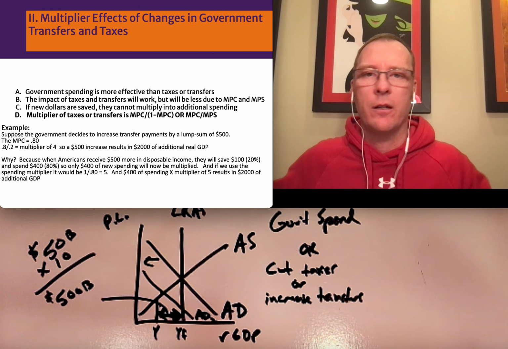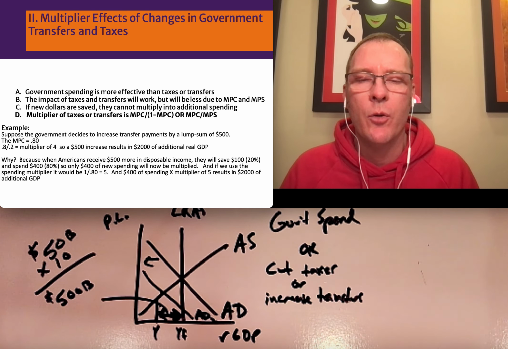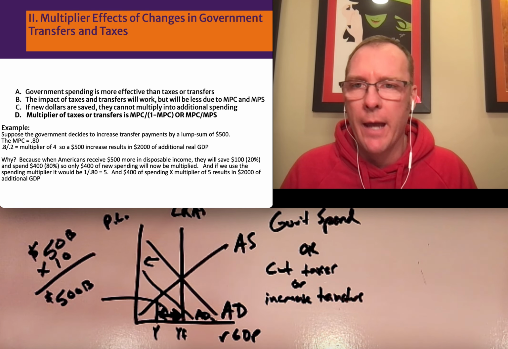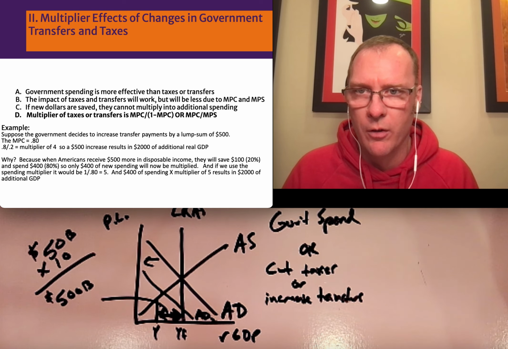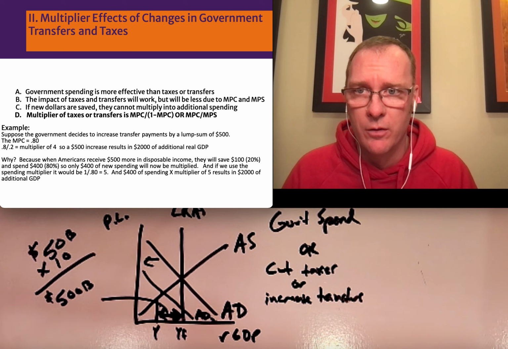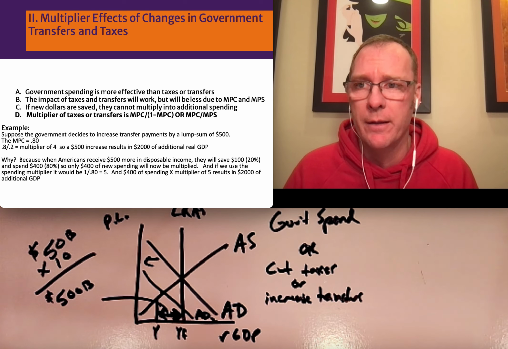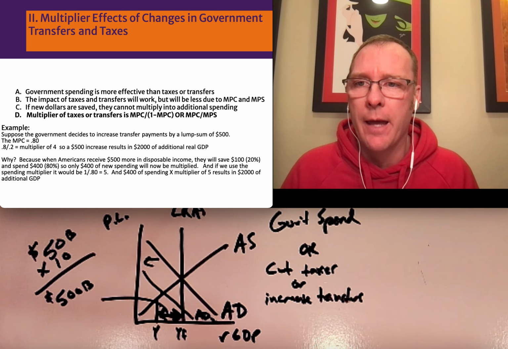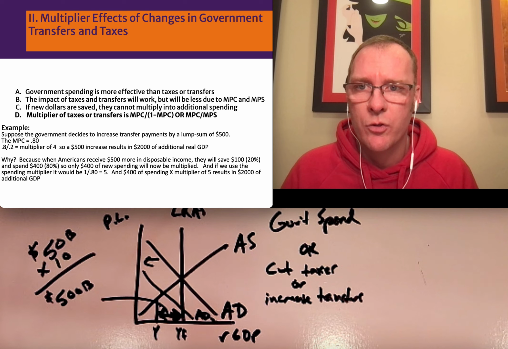So you're already going to save some of them. So I can only take how much of those dollars you're going to spend. So I'm going to get 0.8 over 0.2, which is 1 minus 0.8. And when I get that, the $500 increase results in $2,000 of additional GDP.